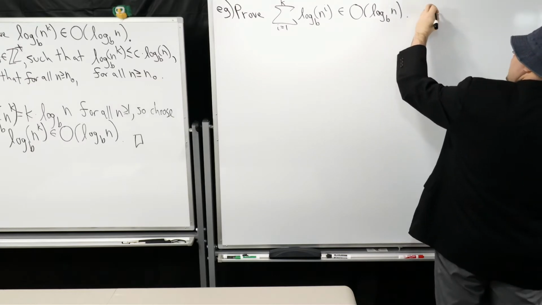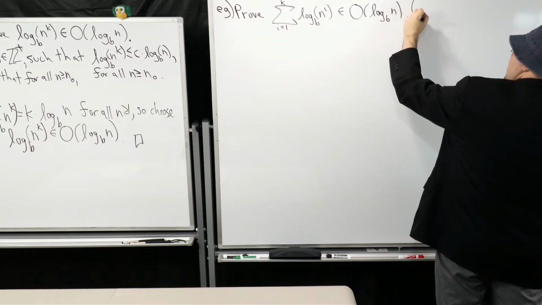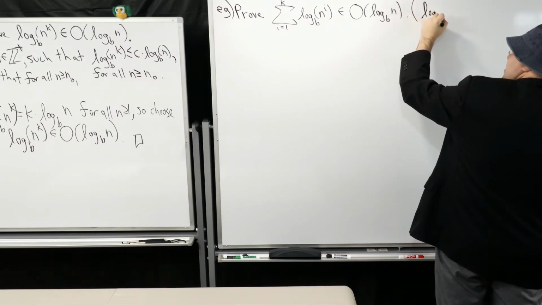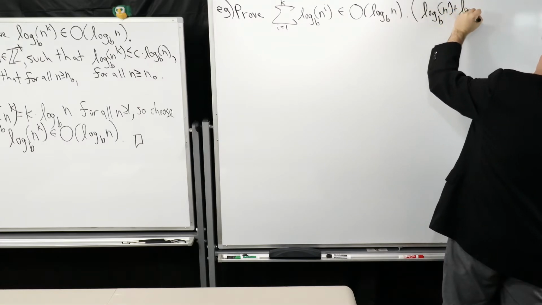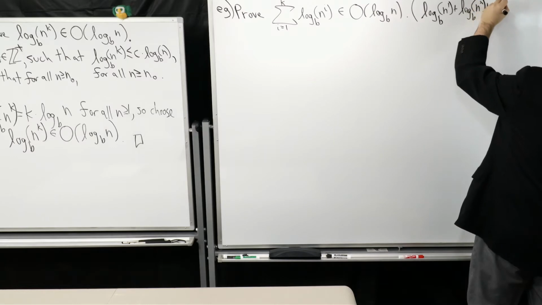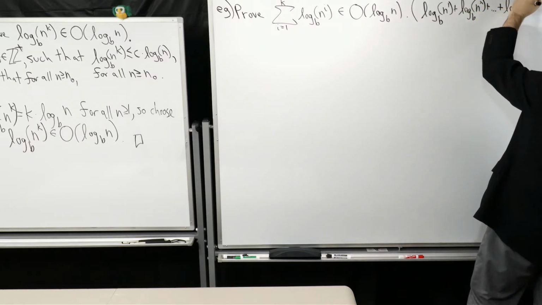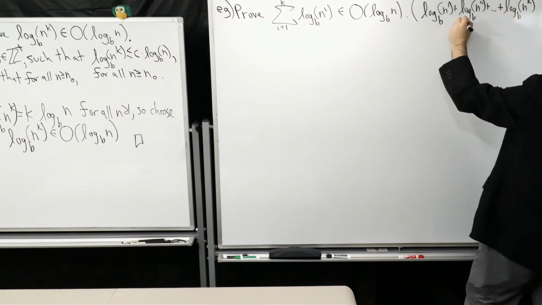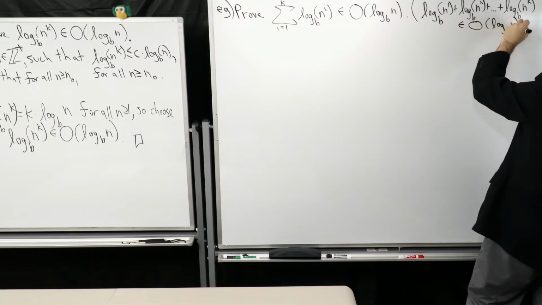If you're not familiar with that sigma notation, what I'm saying is that log base b of n to the 1 plus log base b of n squared plus all the way up to log base b of n to the k, all of this is big O of log base b of n.